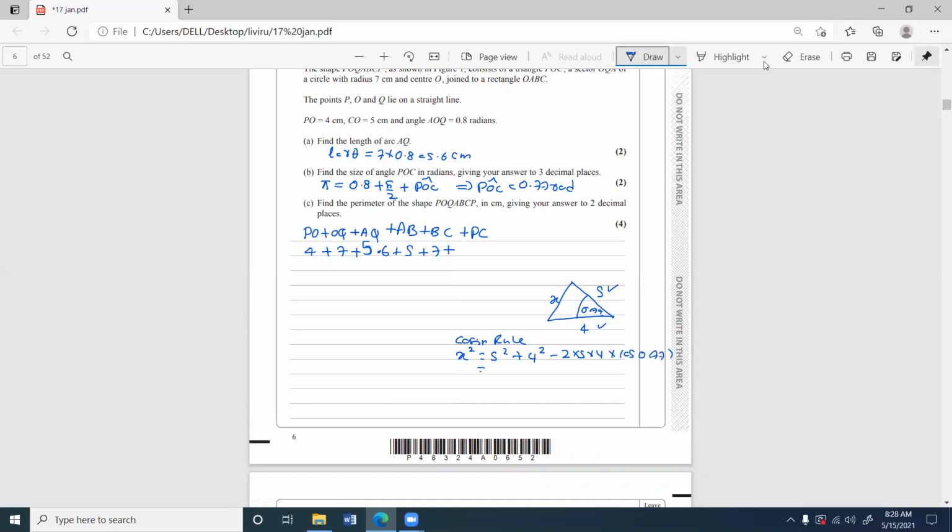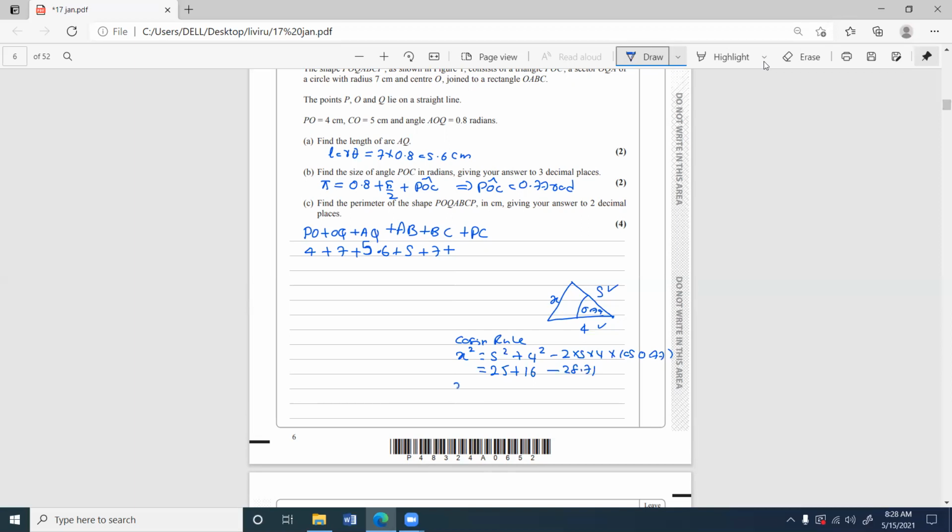Remember children, your calculator should be in radian mode. 2 times 5 times 4 times cos 0.77 is 28.71.